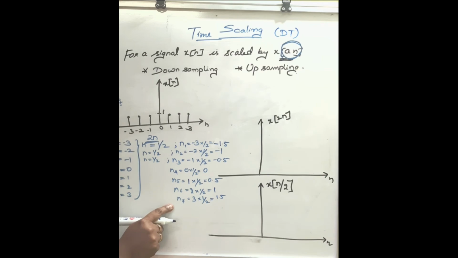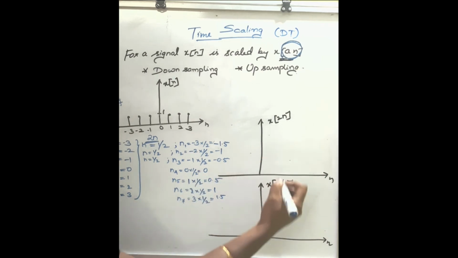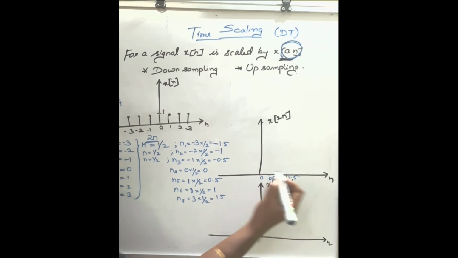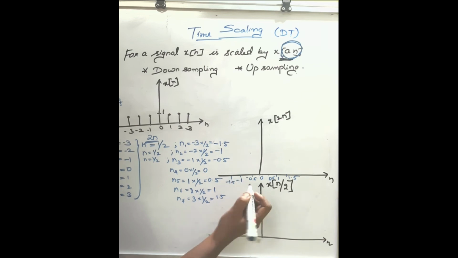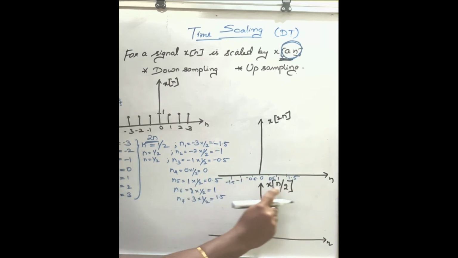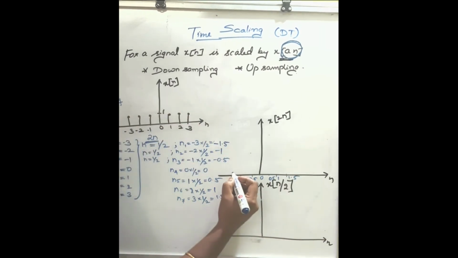Now let us depict this in the picture. So it becomes 0, 0.5, 1, 1.5, and this way, minus 0.5, minus 1, minus 1.5. But the amplitude of all of these is the same, 1.